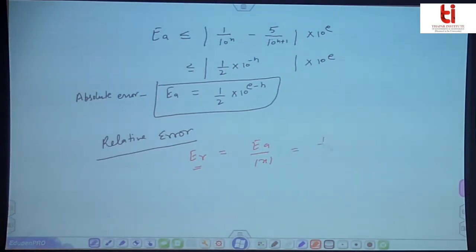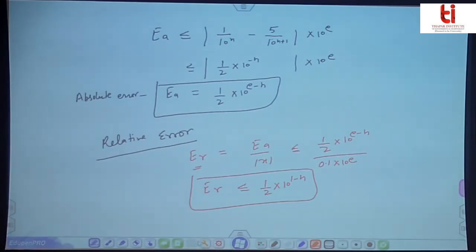So just put the value of absolute error, 1 by 2 into 10 raised to power e minus n, and mod of X is what? 0.1 into 10 raised to power e. It is coming out to be, since we are taking maximum value, so relative error is less than equal to 1 by 2 into 10 raised to power 1 minus n. So this is the relative error.